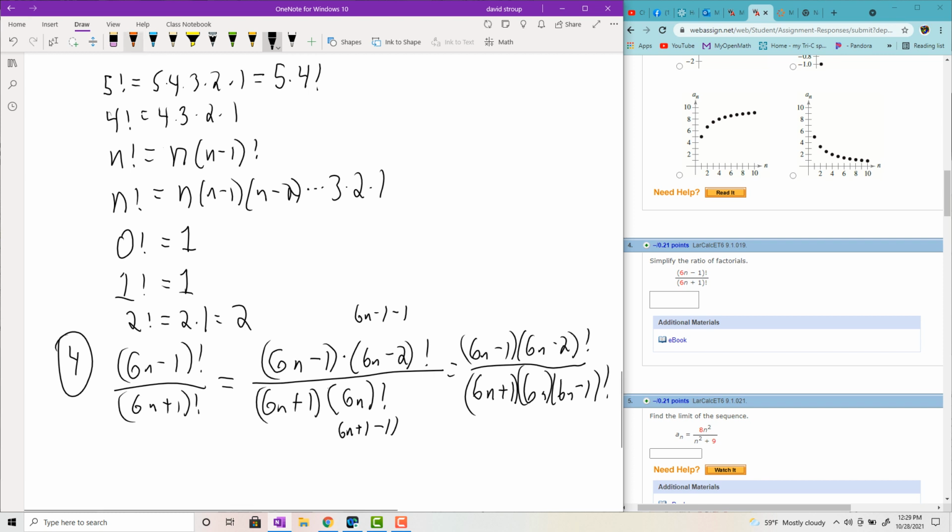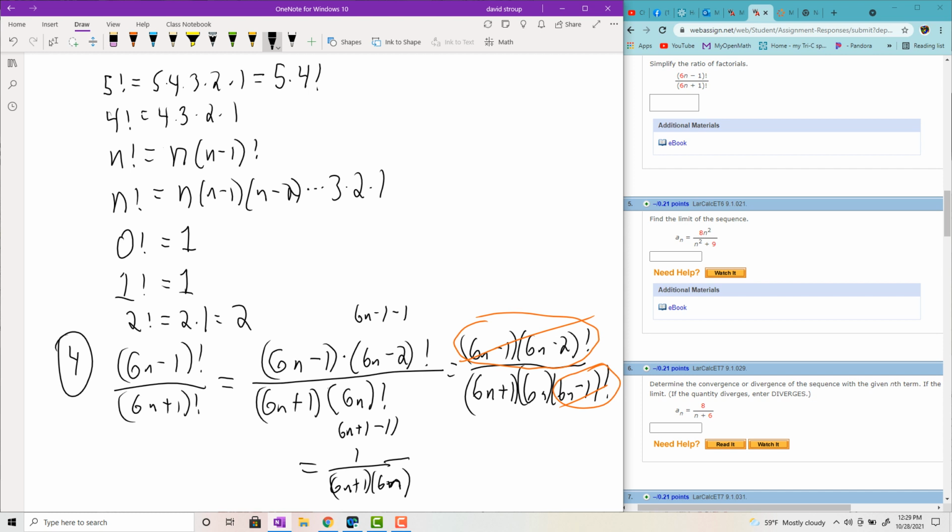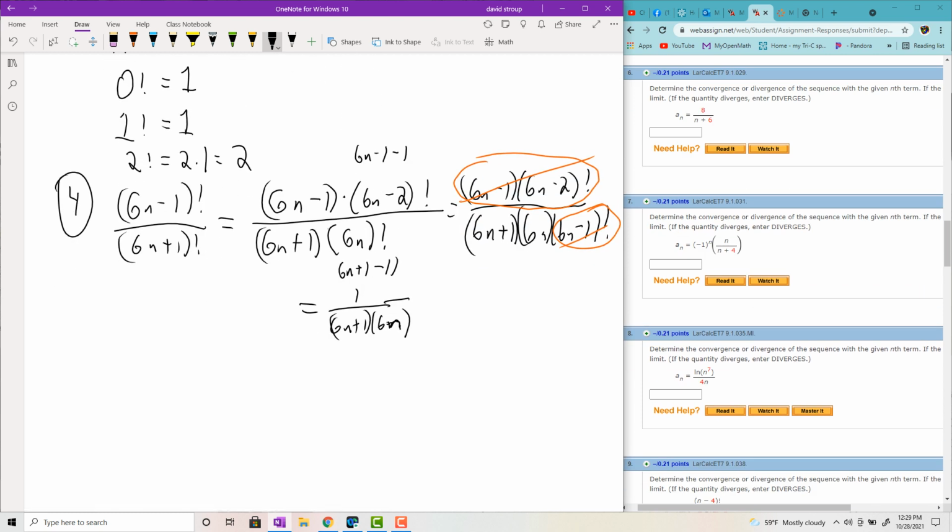And if you look at the numerator, that's exactly what we already have there. That is the same as this. So these can be removed, and you just end up with 1 all over (6n plus 1) times 6n. Okay, so we're going to be working with factorials. They're just trying to get you used to that idea.